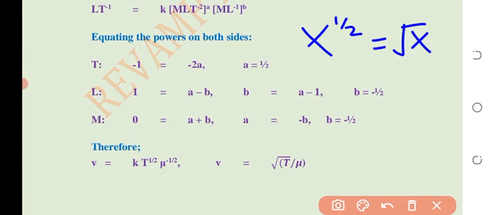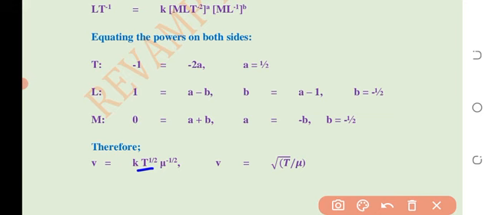And if y is raised to the power of minus half, mathematically that is equal to 1 over root y. So that is what happened here. T is raised to the power of half, and mu is raised to the power of minus half, and that is what gives us this equation, which means the relationship between the velocity, tension, and mass per unit length is given as V equals root of T over mu.